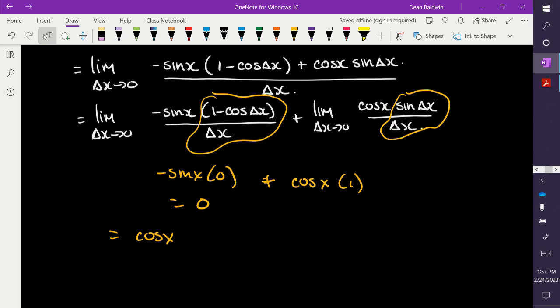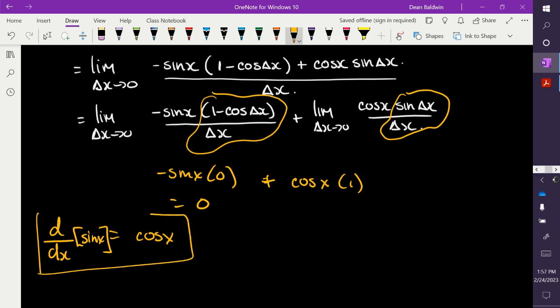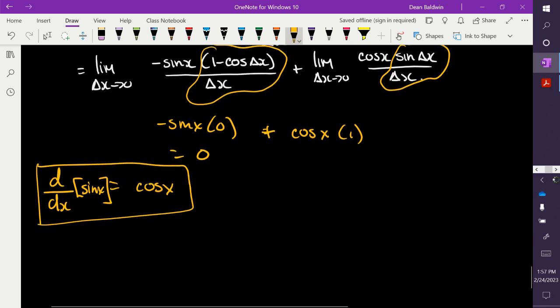This is the limit as delta x goes to 0. This becomes 1 times cosine. The only thing you're left with is cosine. So the derivative of sine is cosine. You need to remember that one. We use it so often. It's pretty straightforward.